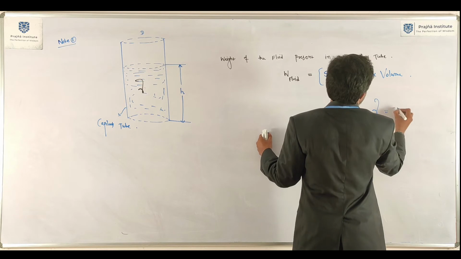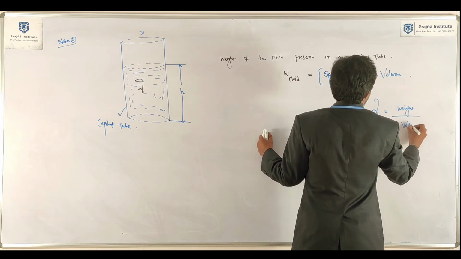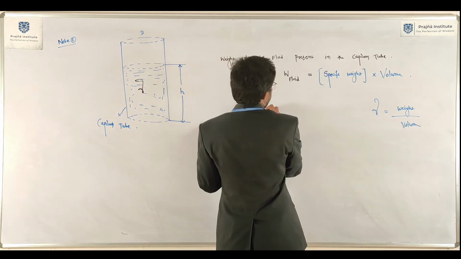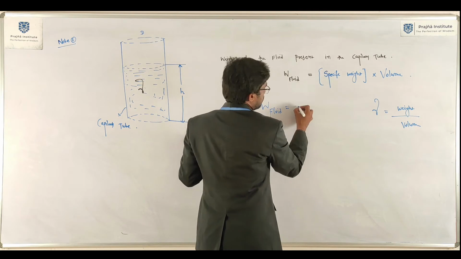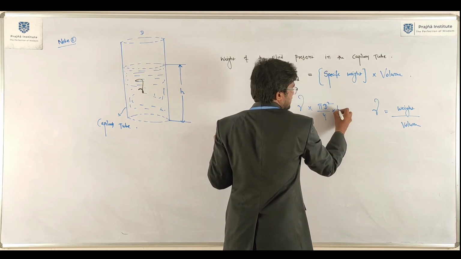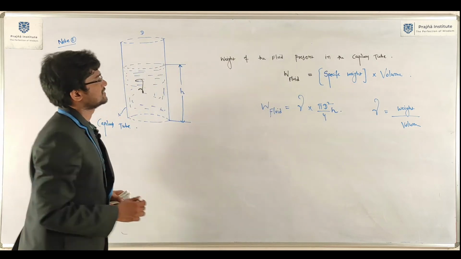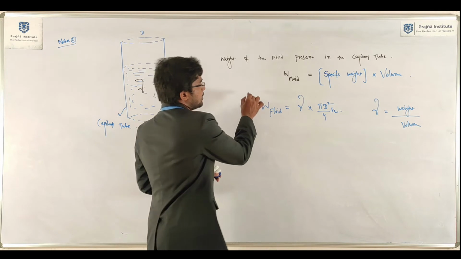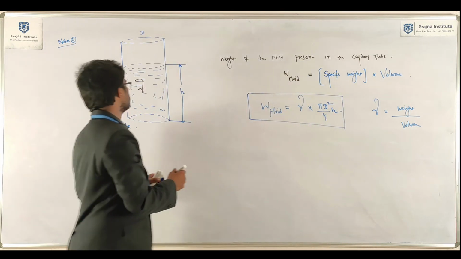We know that gamma is equal to weight per unit volume. So the weight of the fluid present inside the capillary tube is gamma into pi d square by 4 into h. This is the weight of the fluid present inside the capillary tube.